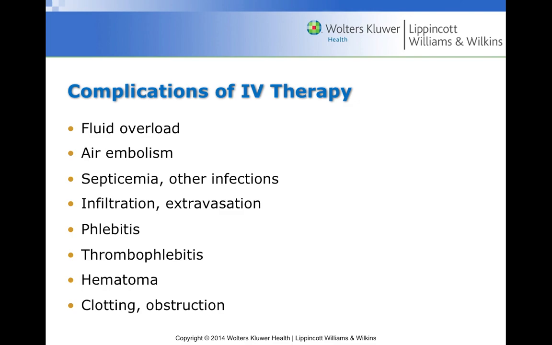So these are some of your complications that you will look at. We won't go too in depth for these, but the one that I really want to point out to you is infiltration and extravasation, which is found in your text on page 281. So infiltration is that unintentional administration of a non-vesicant solution or medication into the surrounding tissue.